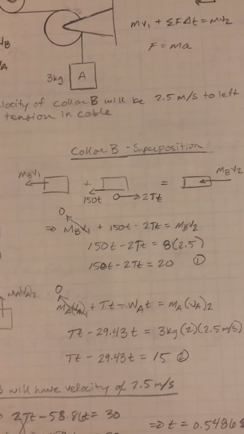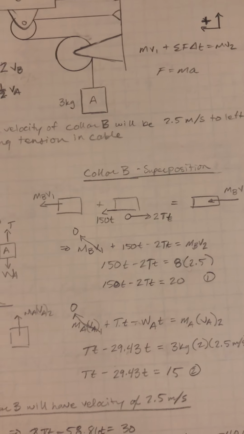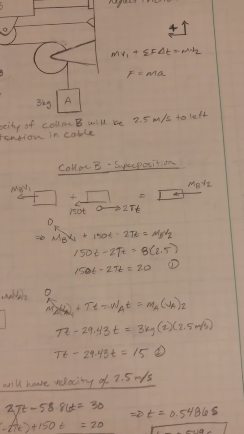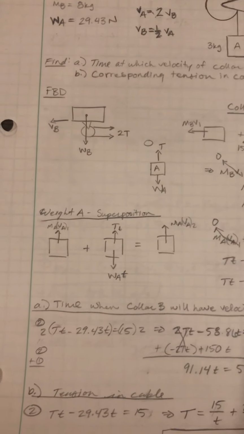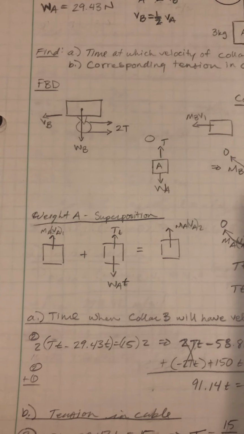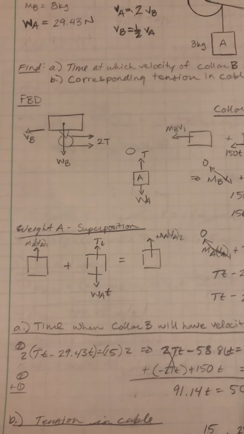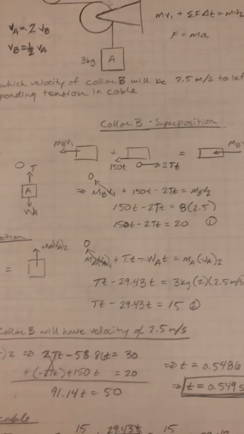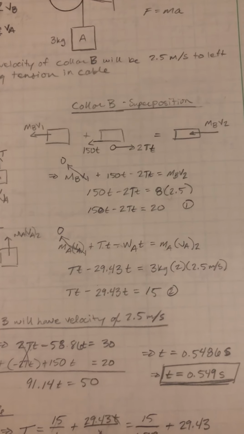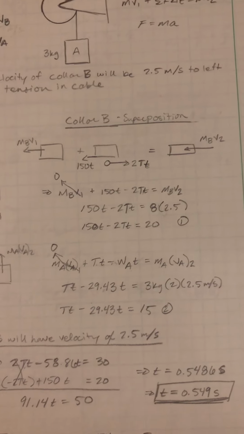So 150 t minus 2 times tension times time is equal to 20. Then using a superposition equation for the weight at A, we're able to put that into a similar type of equation, finding that the tension times time minus 29.43 times time is equal to 15.